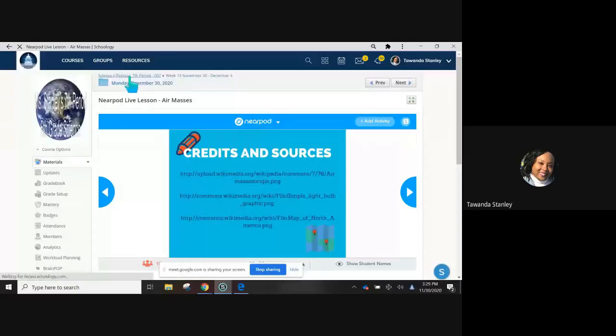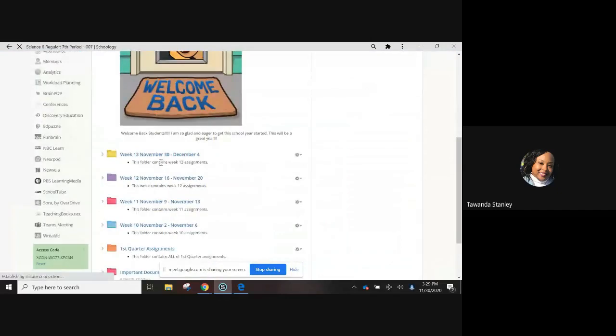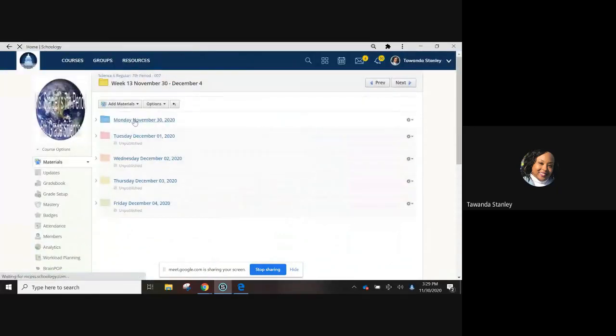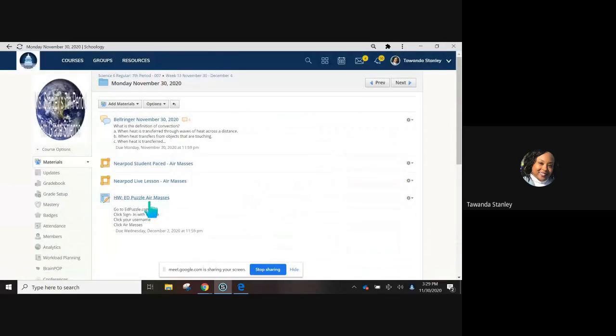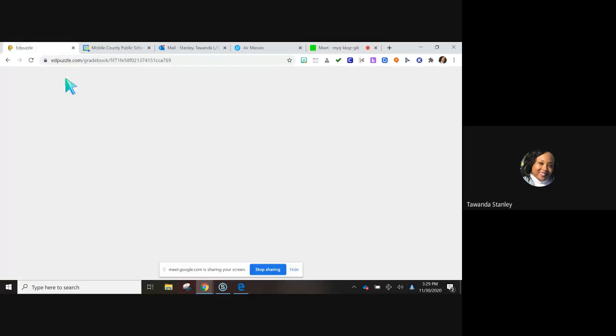I'm going to a Schoology class, just so you guys know what I am expecting. So I'm clicking on Monday, and I have here the homework. Ed Puzzle Air Mass is just giving you the directions of what to do if you do not already know what to do. Also, I am going to go to Ed Puzzle.